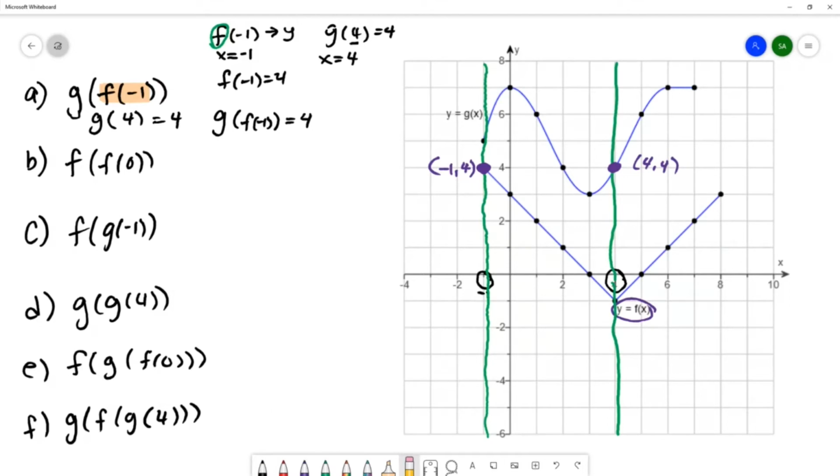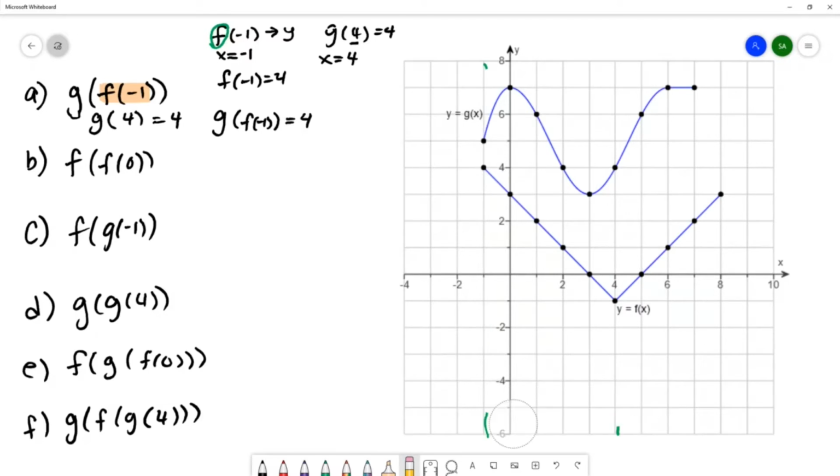So I'm going to erase my markings and work on the next part. f of f of 0, we're going to follow the same procedure. So we're going to focus on the inside first, f of 0. That gives an x value of 0. So having an x of 0 is right on top of the y-axis. And we're interested in f of 0. So we're going to look at this point right here, which is the ordered pair 0, 3. So f of 0 is 3. I'll replace that f of 0 with 3.